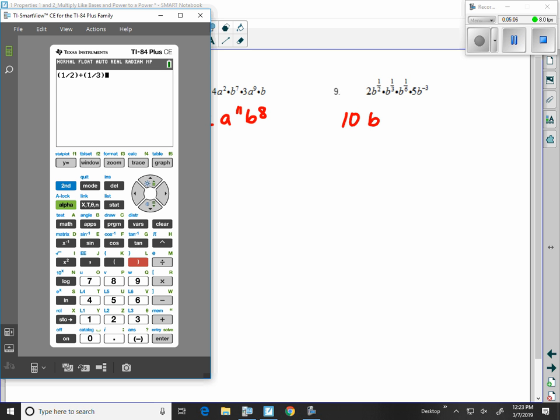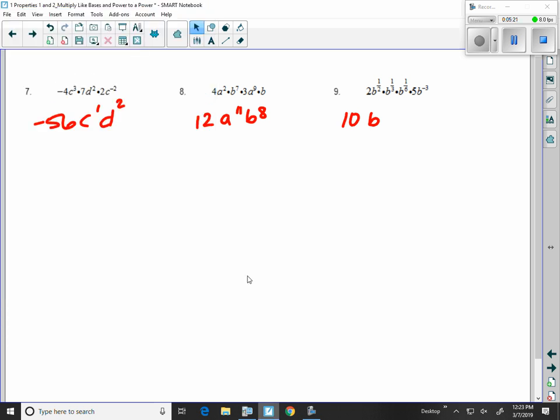If you don't, your calculator is going to get very confused. Just like that. Okay? And so my power is -2. Oh, I didn't see the negative thing.